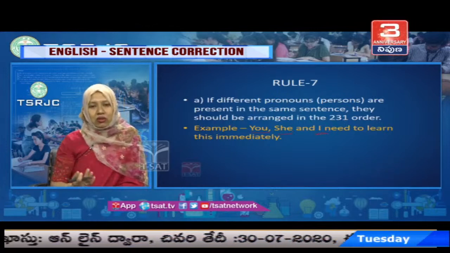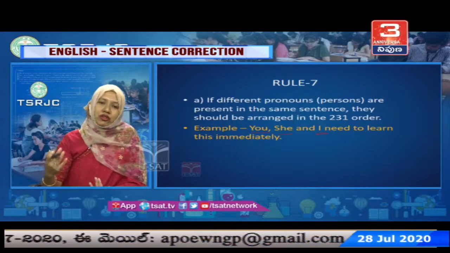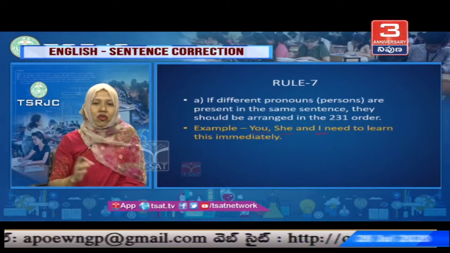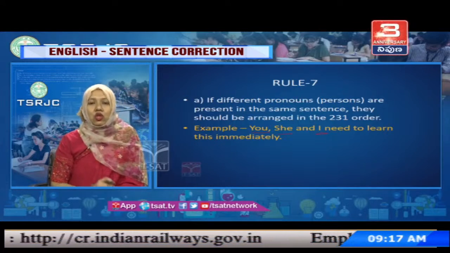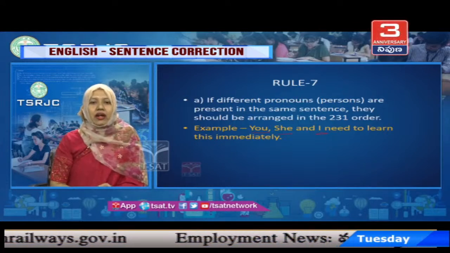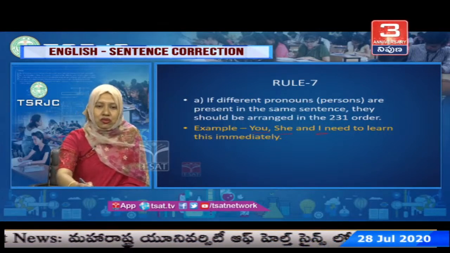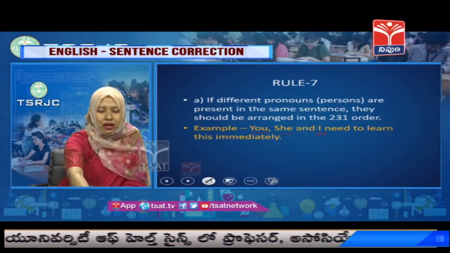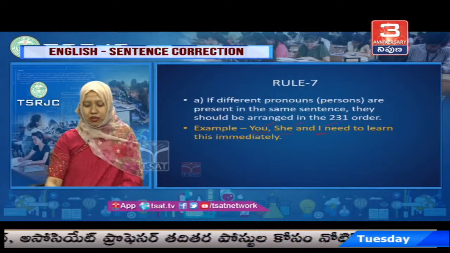So when you talk about the second person, the third person, and the first person, you have to follow this 2, 3, 1 order. Here in this example: you, she and I need to learn this immediately. If you have exams, for this exam you have to learn this immediately. You, she and I need to learn this immediately.